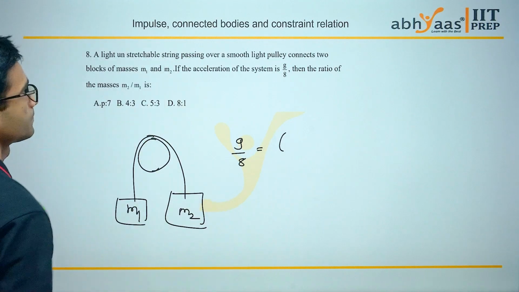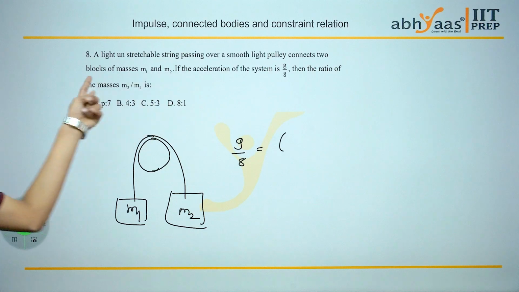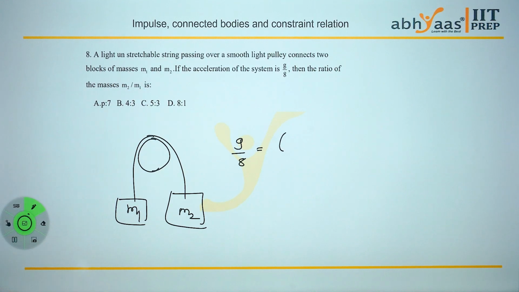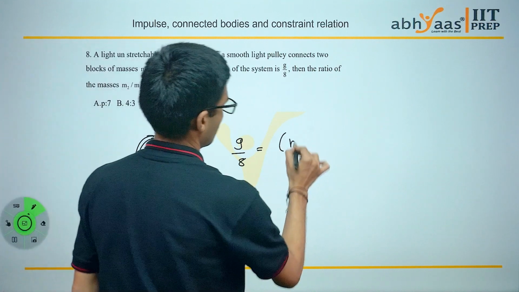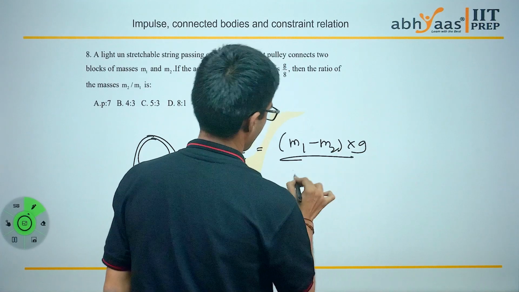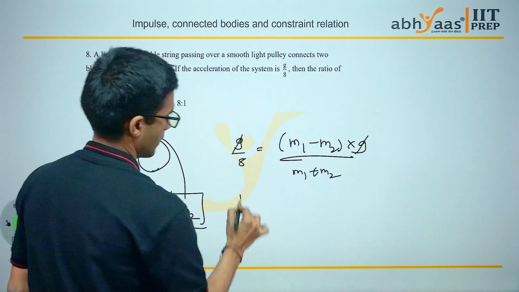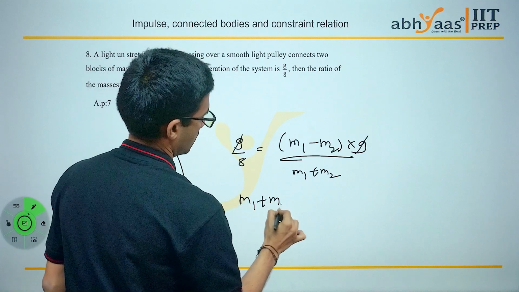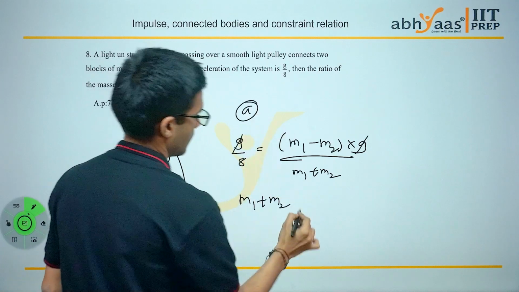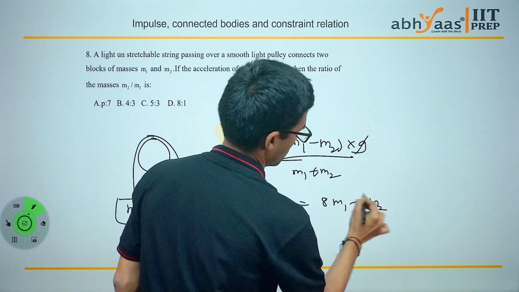Now, a light unstretchable string with two mass blocks M1, M2. Here the acceleration is (M1 minus M2) into g by (M1 plus M2). Here g gets cancelled. The acceleration is directly given, so M1 plus M2 is equal to 8 M1 minus 8 M2.